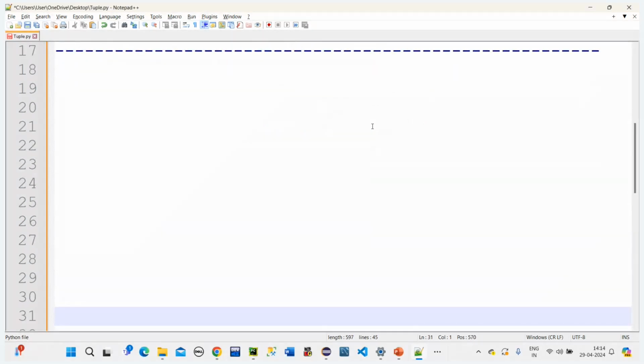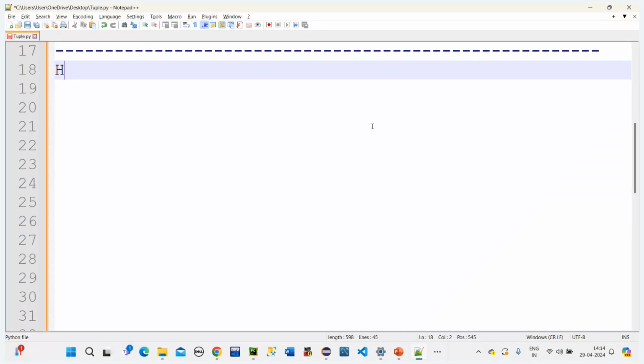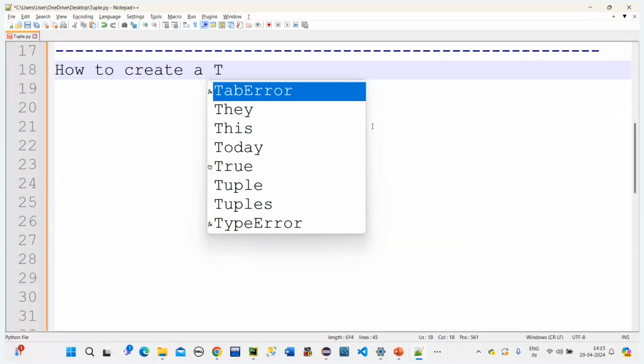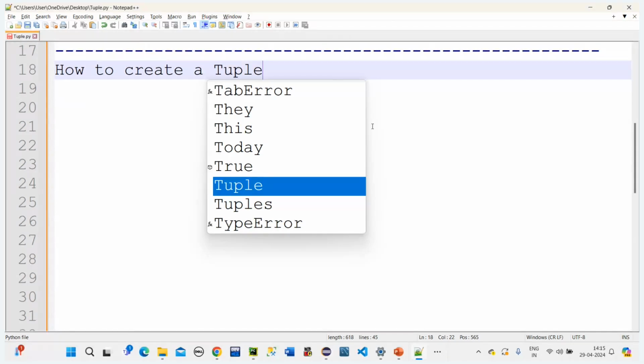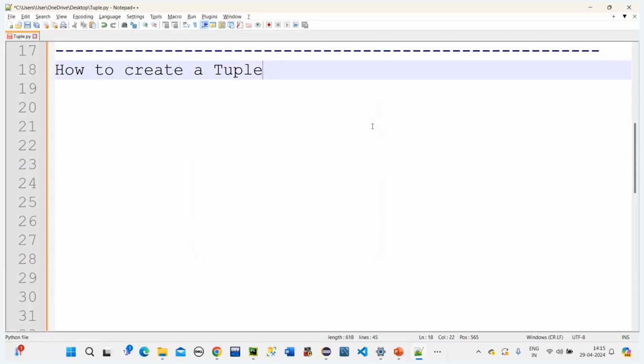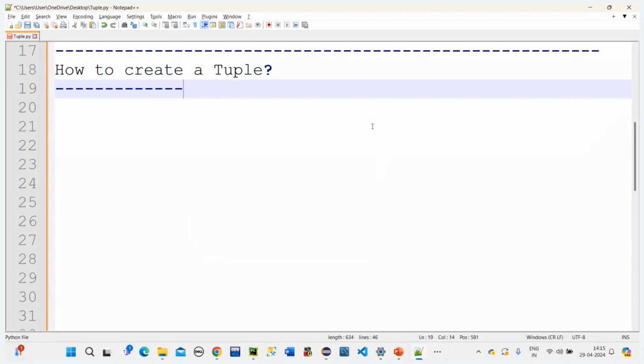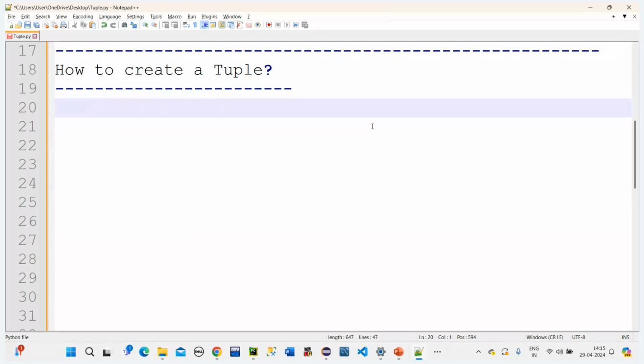Now the next point is creating. Let's see how to create a tuple. One more thing is that it contains heterogeneous elements.